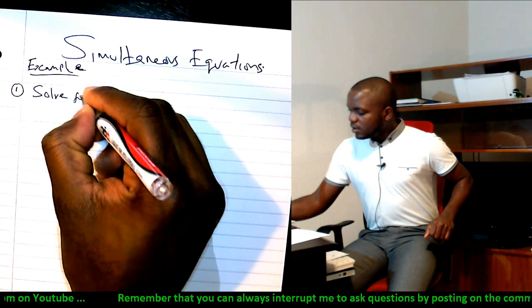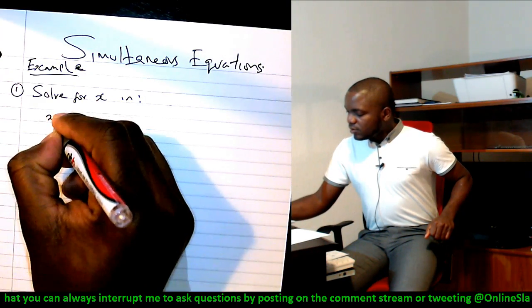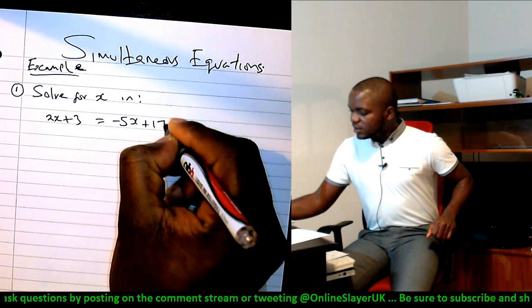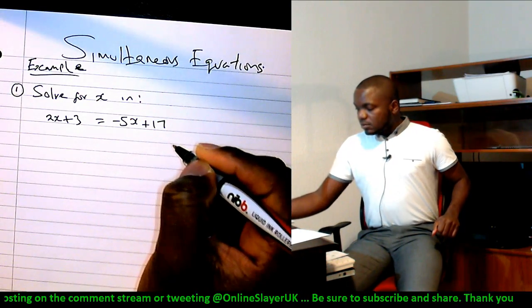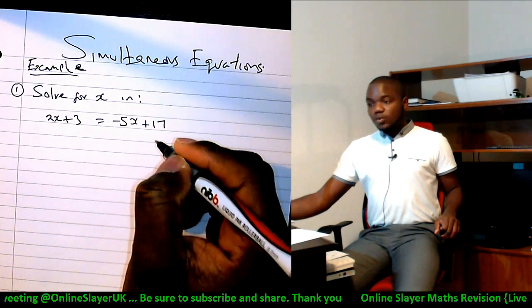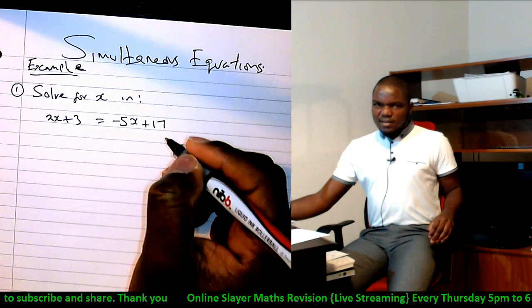Solve for x in the problem 2x plus 3 equals minus 5x plus 17. Well, this is a problem. And remember, we've done something like this last week. All you need to do is put all your x's together and make x the subject of the formula.